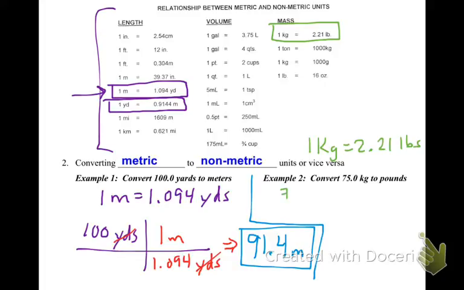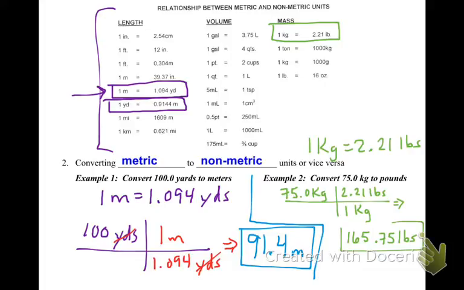We've got 75.0 kilograms, 1 kilogram, 2.21 pounds. Let's multiply straight across, and we would get 165.75 pounds. Not so bad.